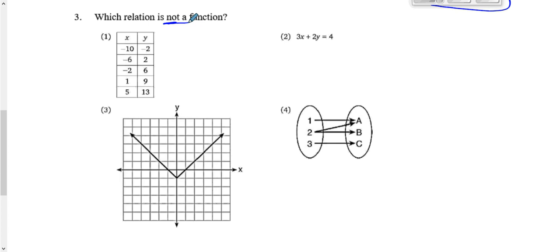Okay, let's think about number 3 because we're going to get to the graphical version of this. Remember, the X is all your inputs, right? So if I input an X of 1, I get an output, it looks like 0. If I input an X of 5, I get an output of 4.